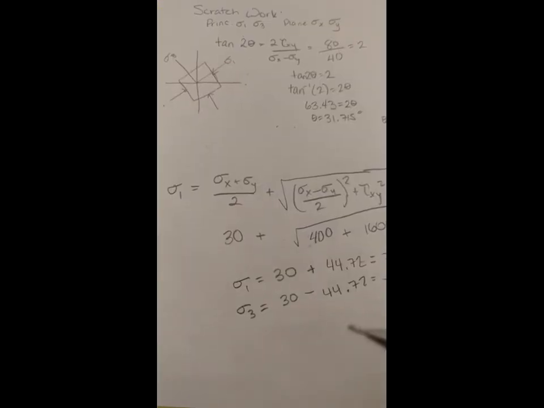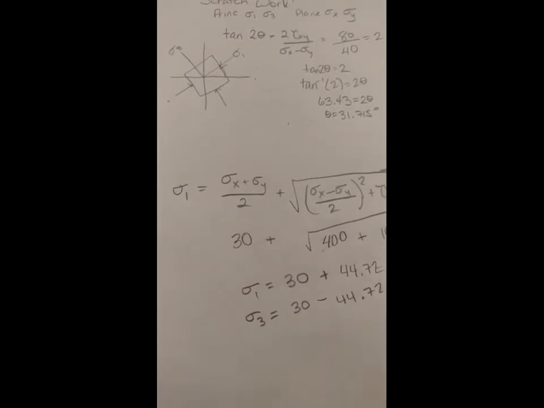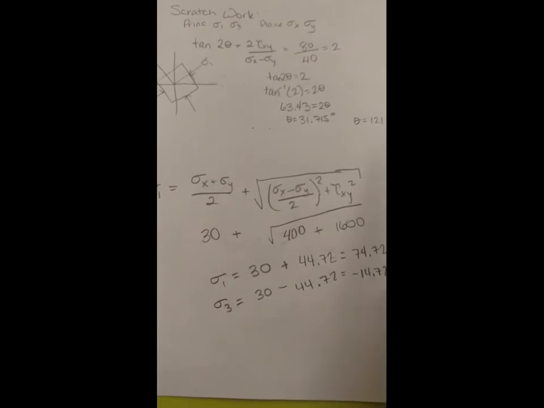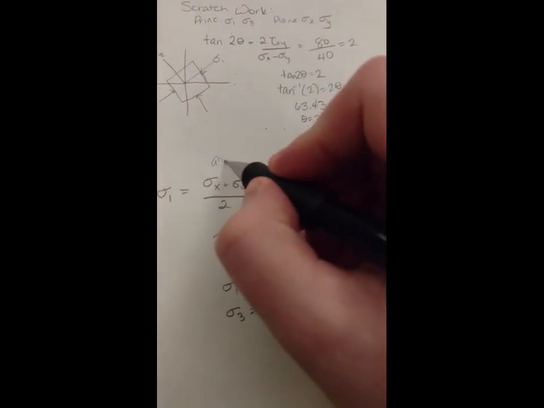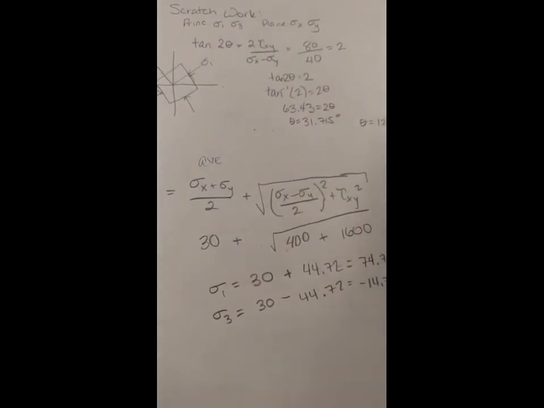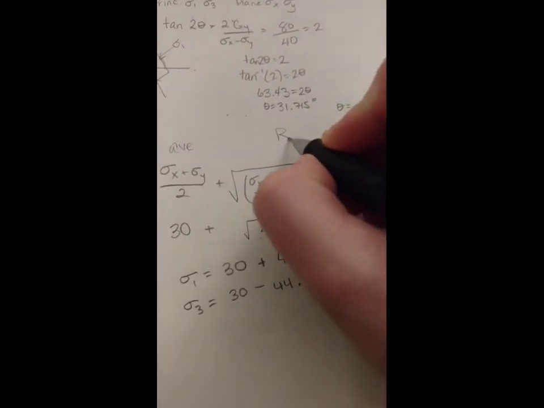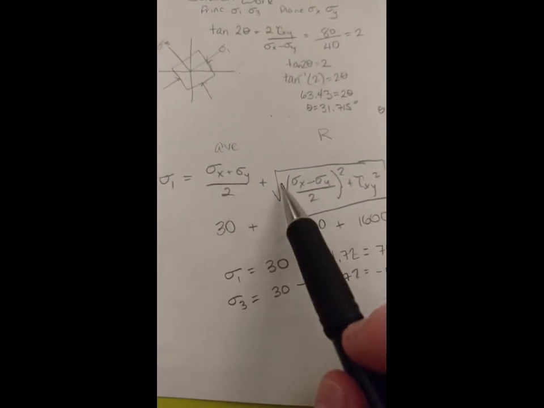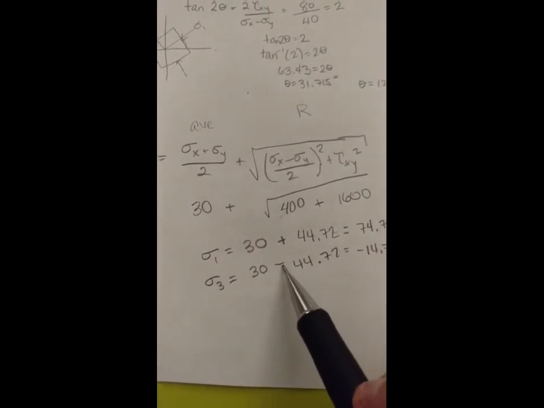So you take the formula for your average normal stress, and the formula for R, and to get sigma 1, you add those two together. And to get sigma 3, you subtract them.